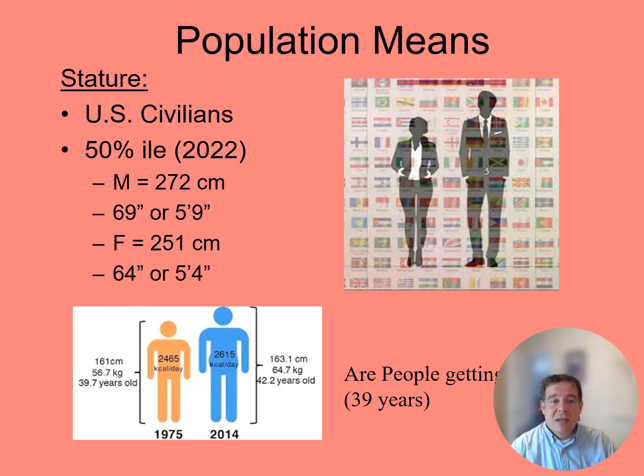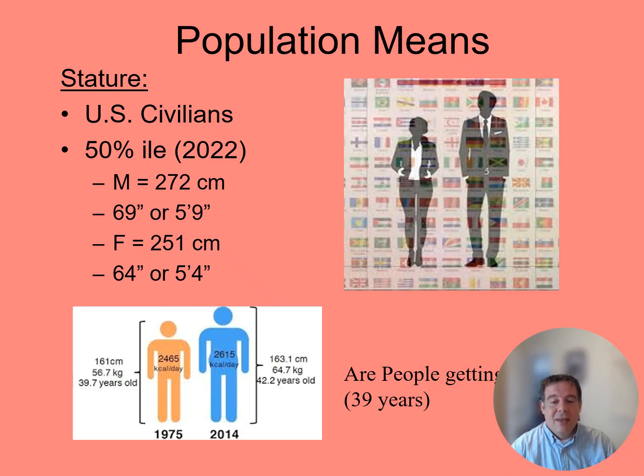For the US population, the average person's height is 5'9", and for a female 5'4". Just to give you a general census of where the average height is for the US. Are people getting taller? Yes.